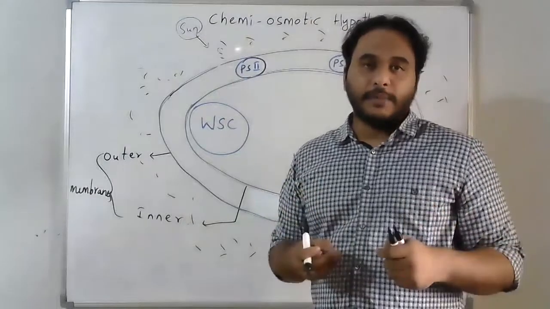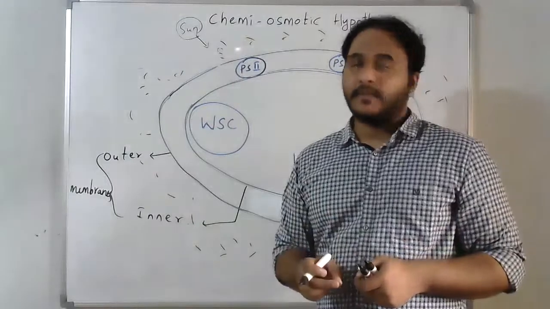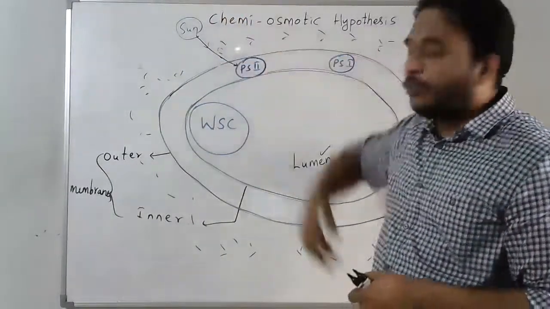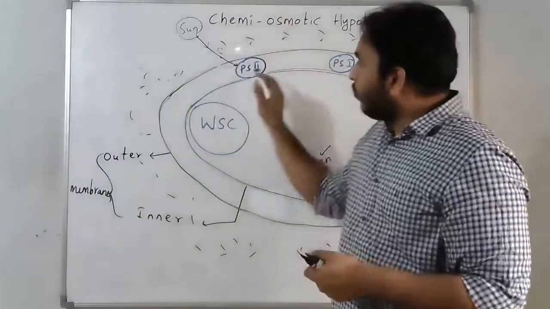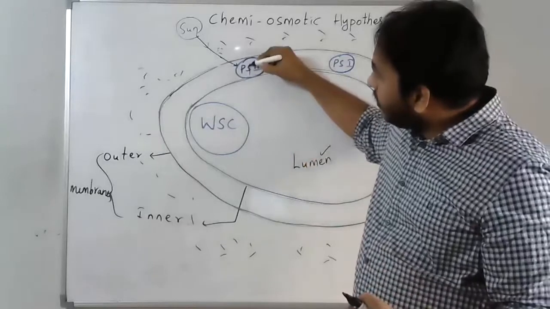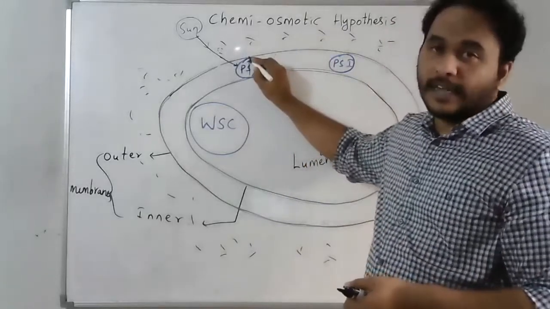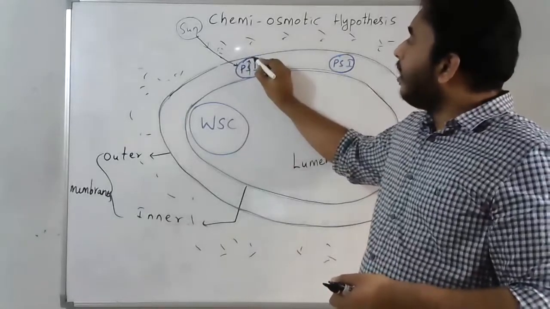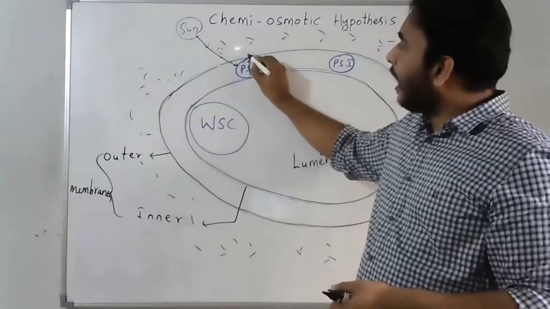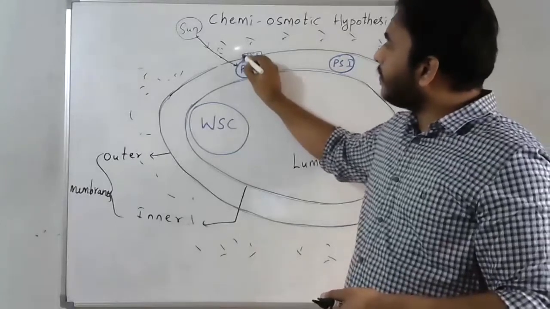Light is a part of EMR, and light consists of photons, light particles, accepted by photosystem 2, the chlorophyll molecules present in photosystem 2. By accepting light, chlorophyll went to its excited state, and at this higher energy, the electrons are accepted by the primary electron acceptor.